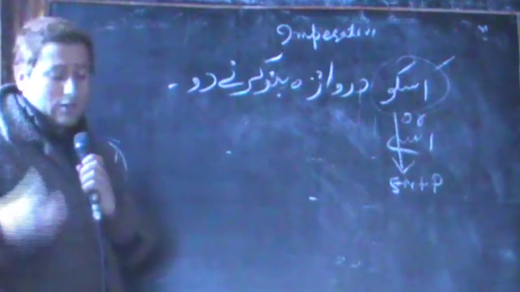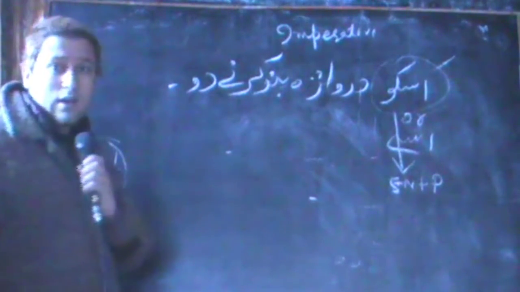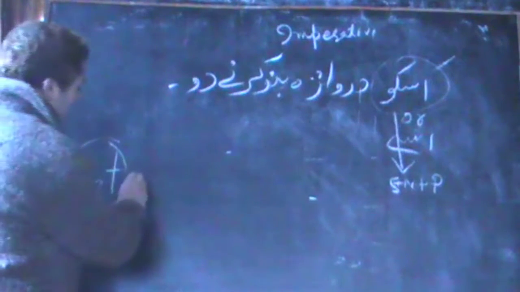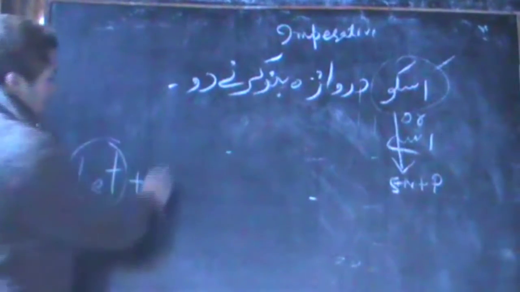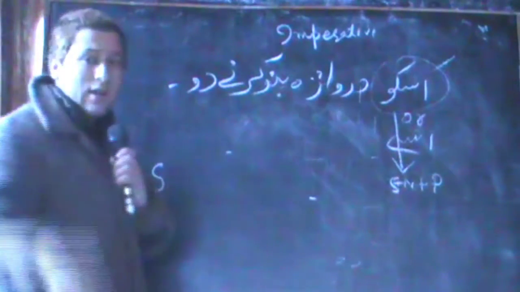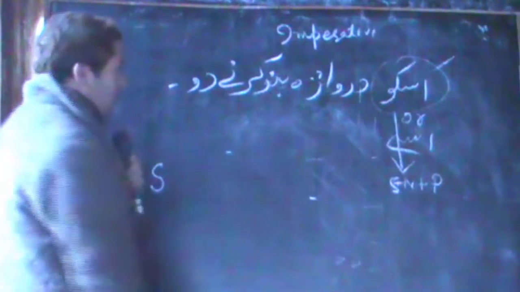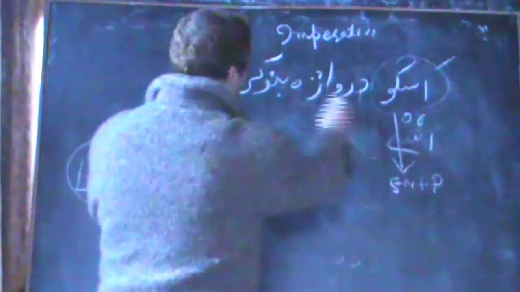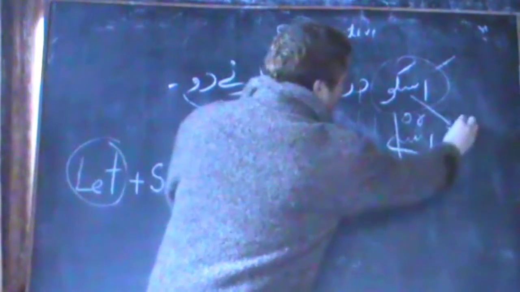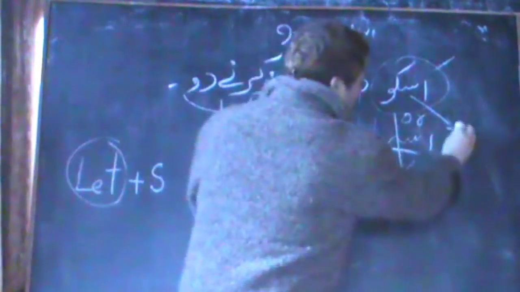So what's the sentence? First there is let, and then you have the subject or the objective case. The first one is the subject we're talking about after let.